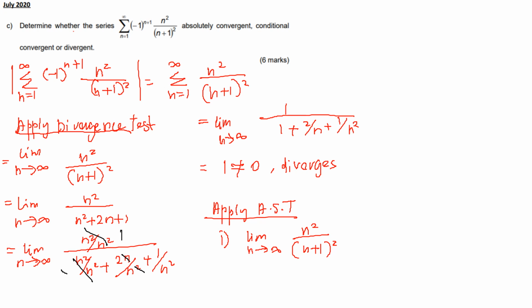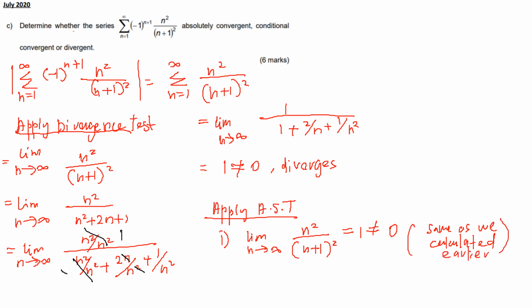For the first condition, your answer will be 1, which is not equal to 0, same as we calculated earlier for the divergence test.